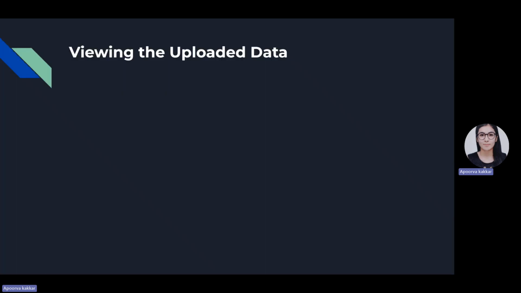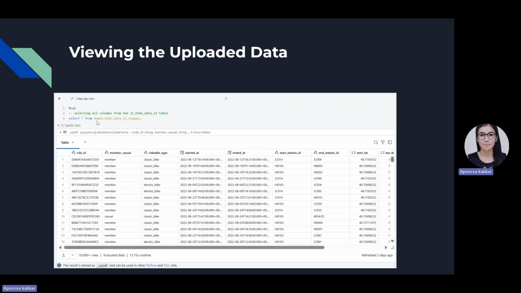So the view of the table can be seen by writing a simple syntax, select star from name of the schema, that is demo1 dot name of the table, that is spike_data_22_snappy. So this is the view of our data set.